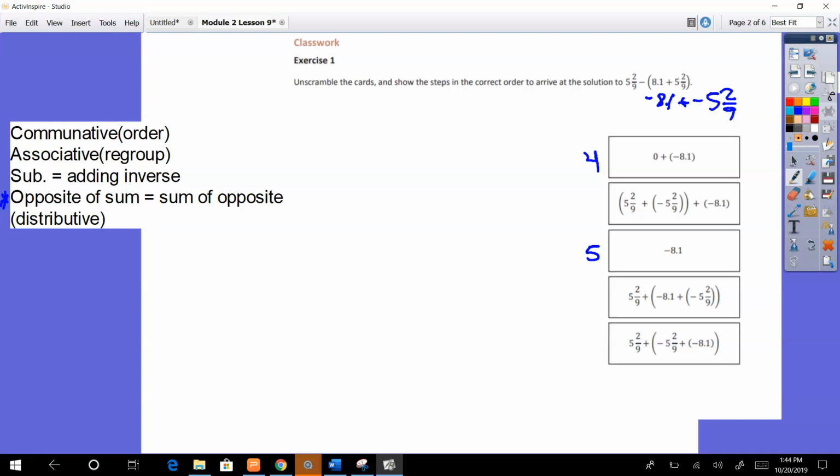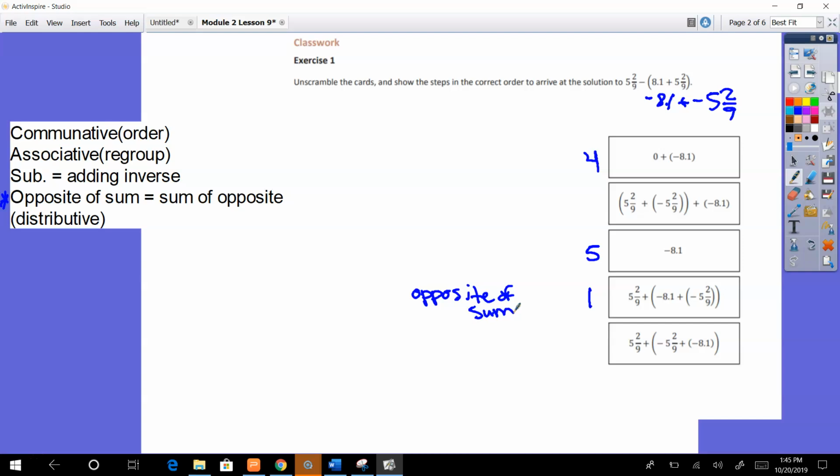It would be both of the opposites. Where do I see that? I see that right here, and it's still in the same order. So this is going to be step 1: opposite of sum. You need to be able to explain your reasoning.